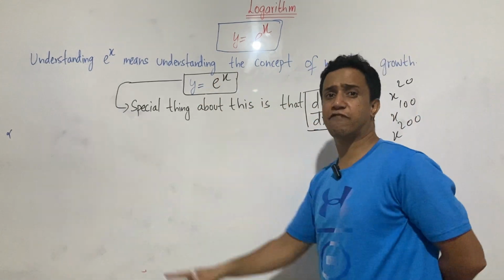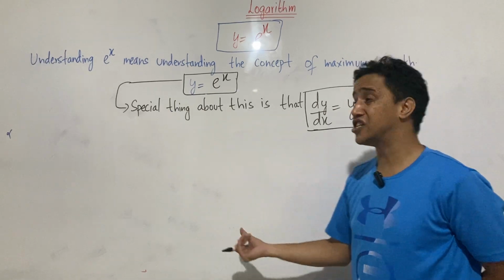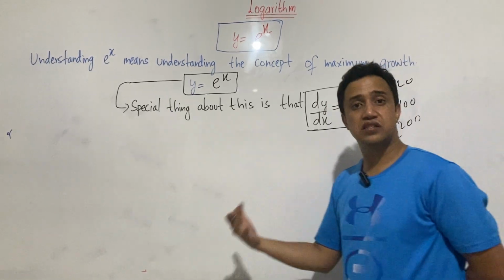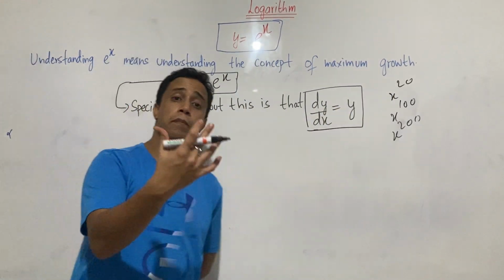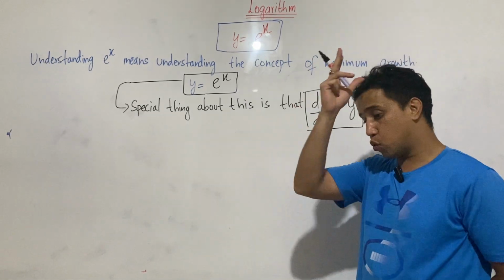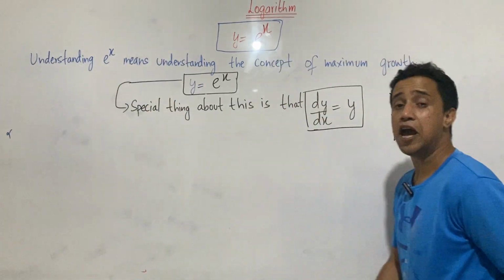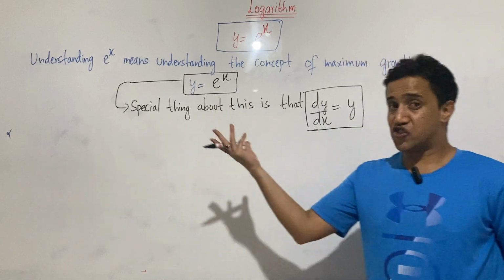This function is faster than all of these, because it has a special property that its slope is the same as the function. It means that it will gradually increase and then skyrocket. Massive growth.